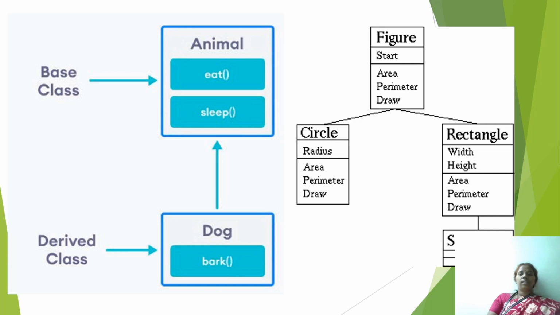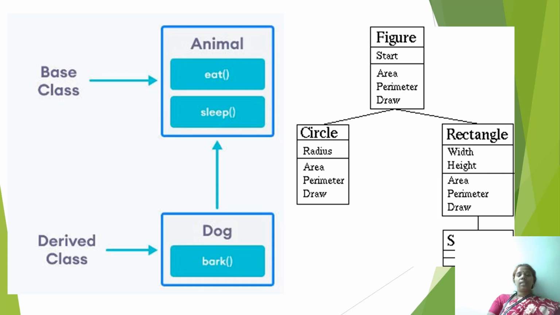On the right hand side we can see the example. Here we have two types and four classes in total. One class is called Figure, which contains a member variable and three methods: area, perimeter, and draw. Circle is one more class. It contains radius as a data member and three methods: area, perimeter, and draw.